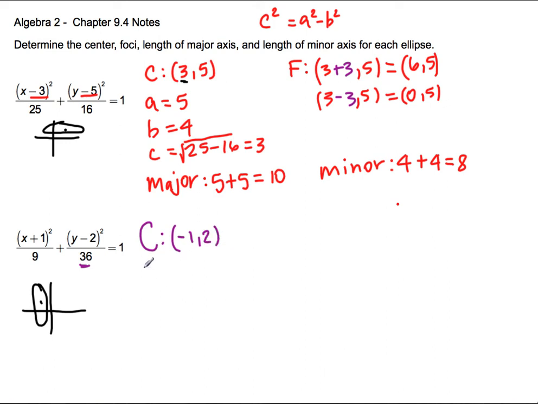My a value is 6. My b value is 3. My c value then is the square root of a squared minus b squared. So 36 minus 9 is 27.